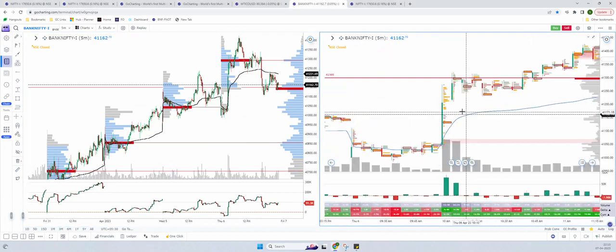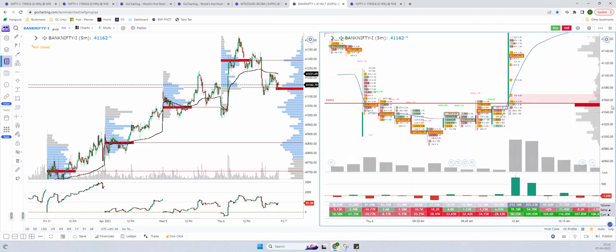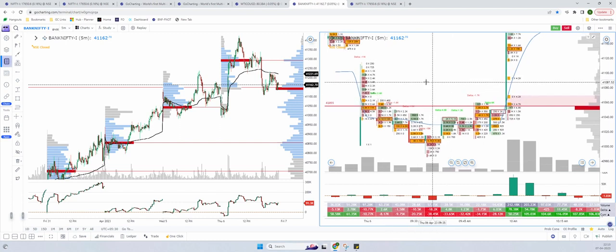This is the order flow chart from that Thursday. Two things were happening here. One, there was an immediate rejection at the open, so this VPOC or immediate rejection level becomes important, which is around 41,050. But once the market started moving down, there was no selling initiative.